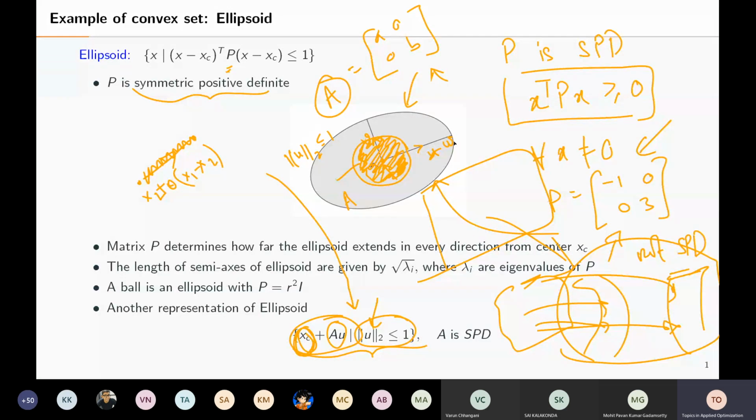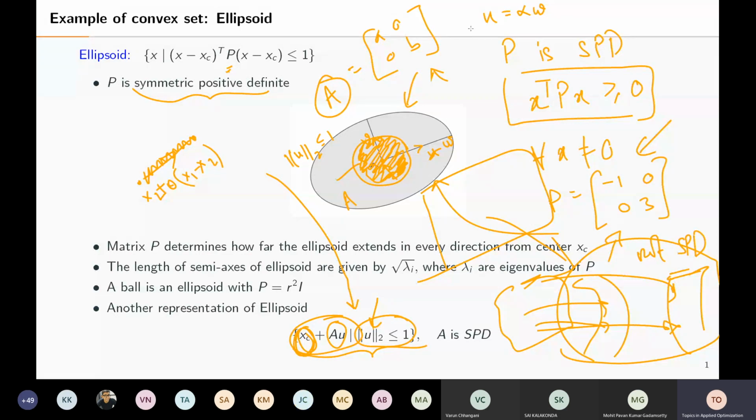Now let us say u is any vector that is along the largest eigenvector, which is w. That means that u is some alpha times w. That's what it means to say that u is along w.